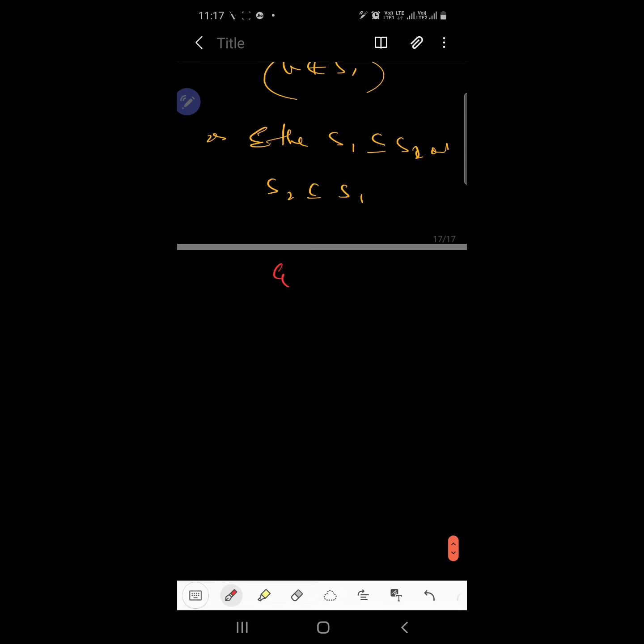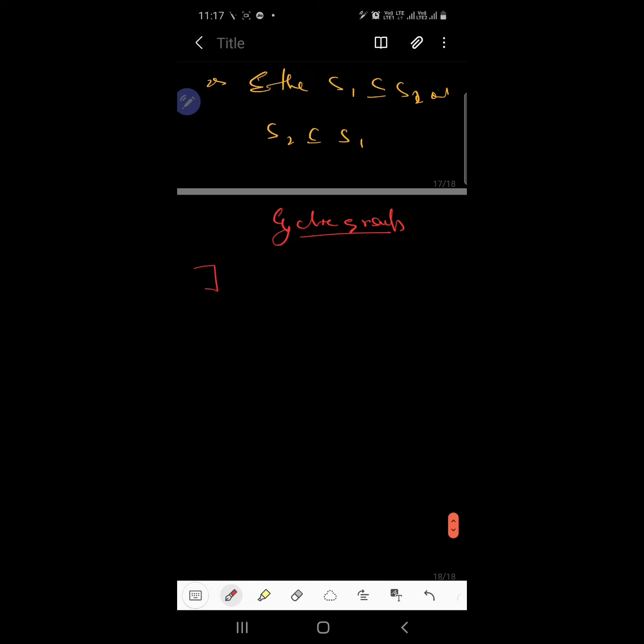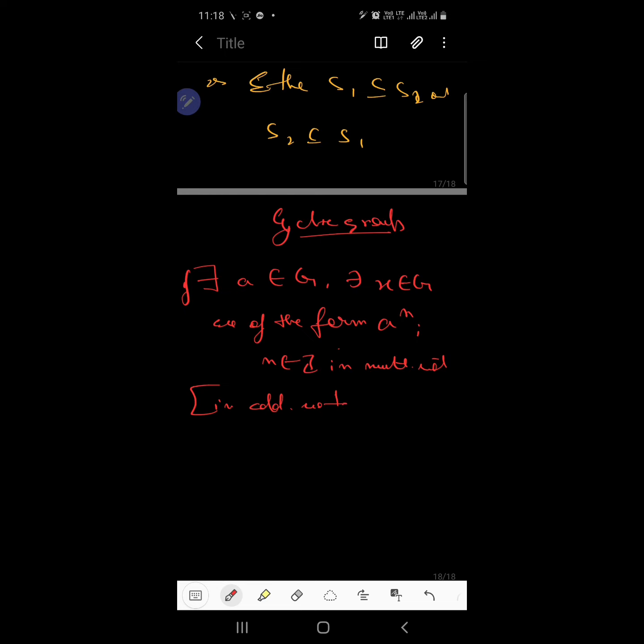A cyclic group: if there exists some A belonging to G such that all X belonging to G are of the form A to the power n, where n belongs to the set of integers, in multiplicative notation; in additive notation, x equals na.